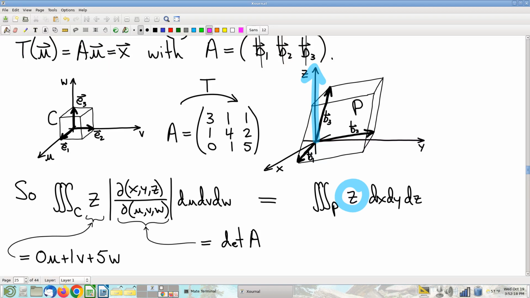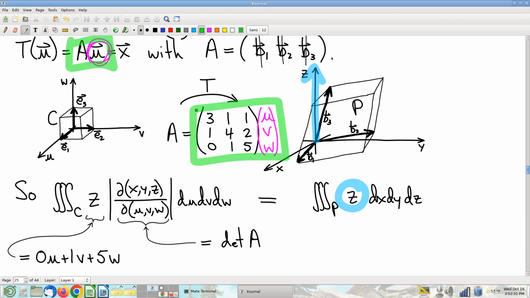Let's see here. If I were to multiply by u v w here, like so, then multiplying A times u v w, there it is. What's the third output? The third output is going to be the third row dot u v w. And that's that.